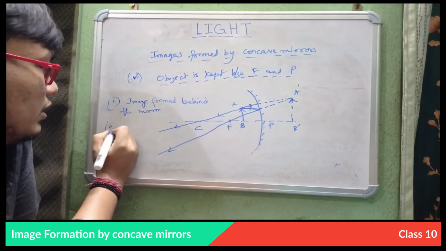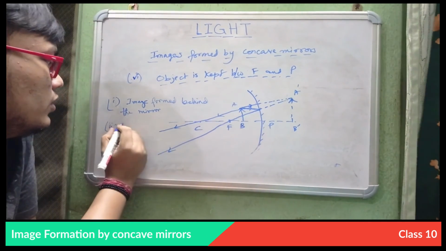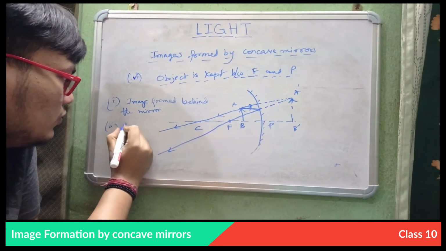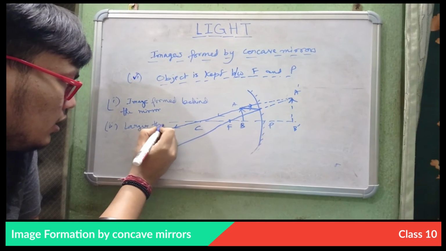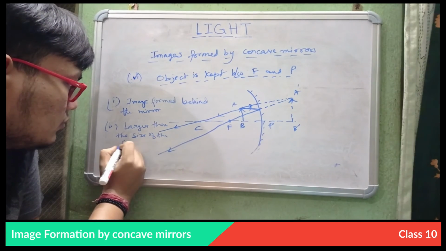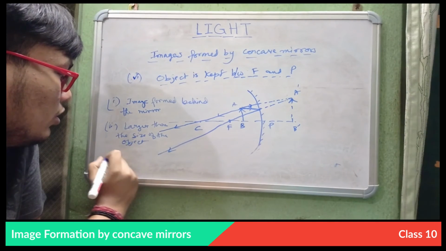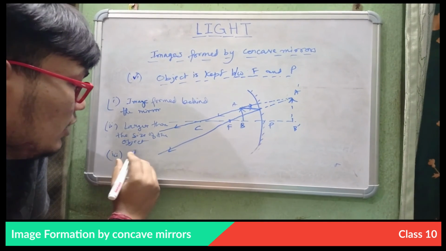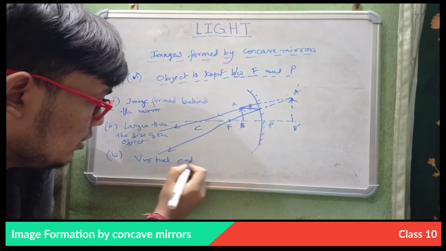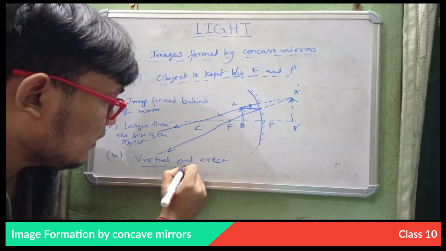The image is enlarged, it is of bigger size than the object, larger than the size of the object. And for the first time, for concave mirrors, we are finding that the image is virtual and erect, virtual and erect only for this case.